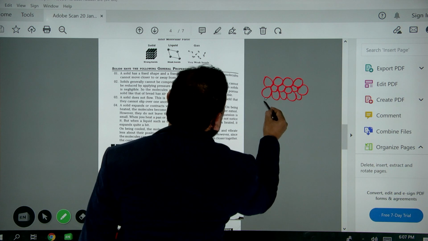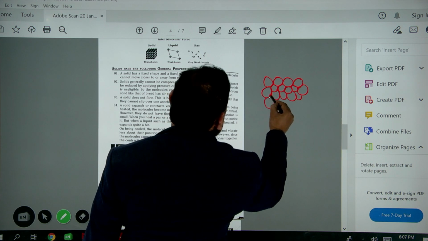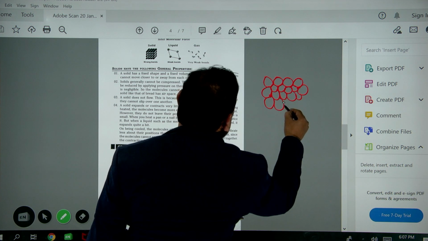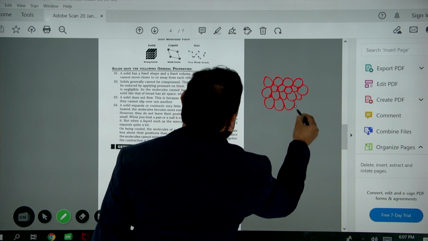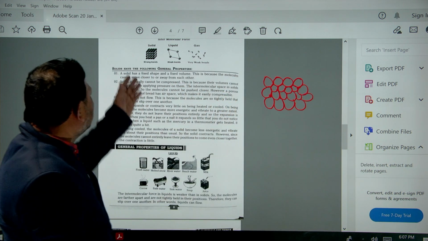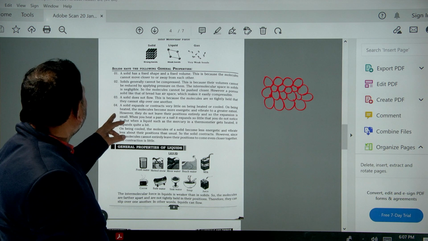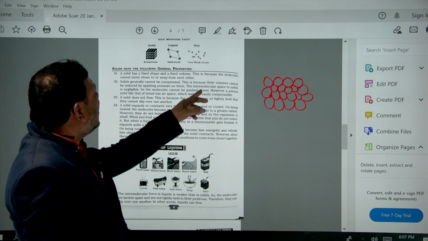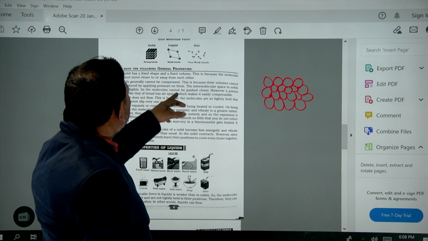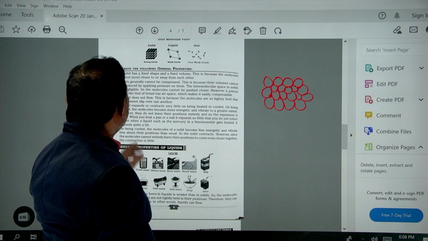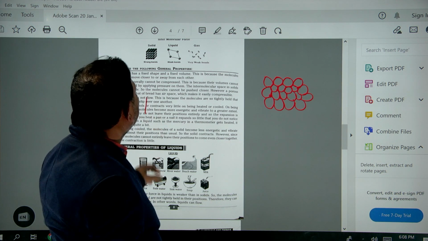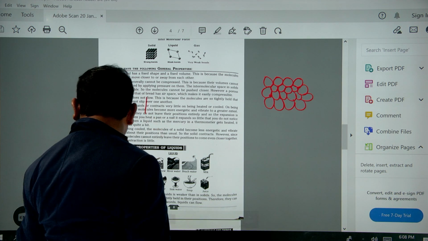They are arranged very closely, and the intermolecular space in a solid is negligible, so the molecules cannot be pushed closer. However, a porous solid like bread has air spaces, which makes it easily compressible.